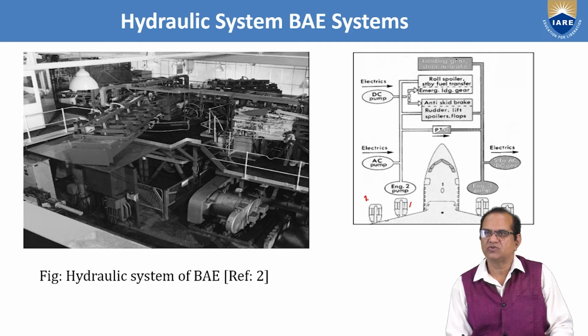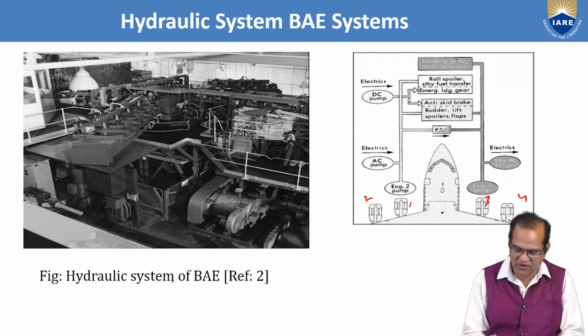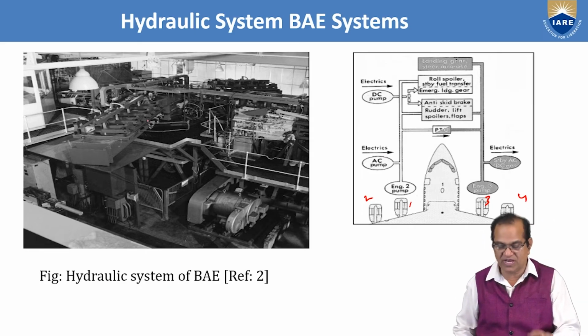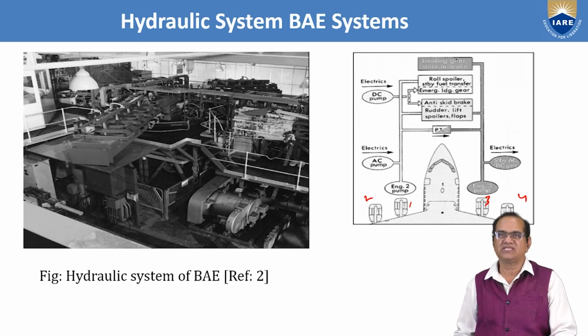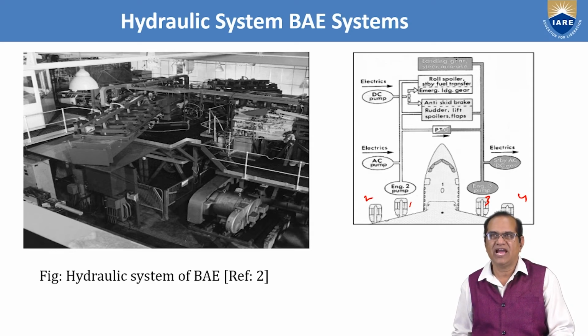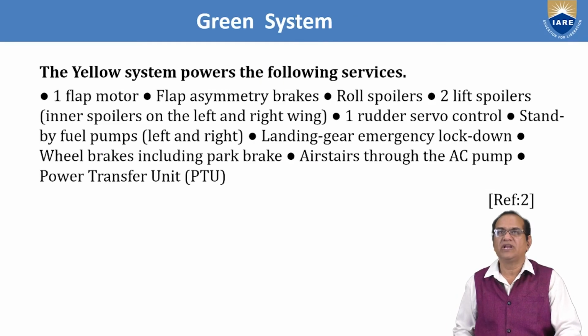These are engines 1, 2, 3 and 4, operated by the engine 3, engine 4, engine 2, engine 1 AC pumps. You can see how big any hydraulic system is. Yellow and green system.